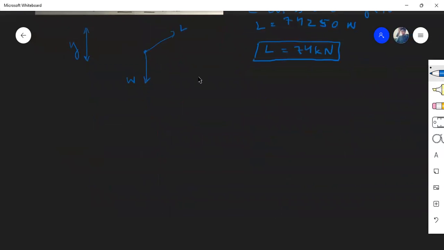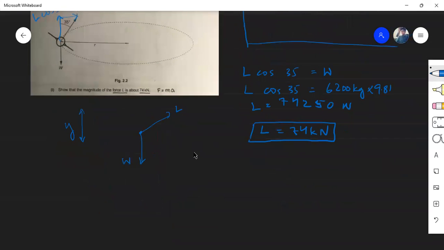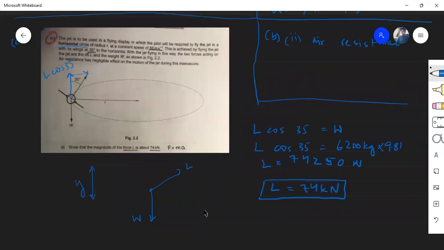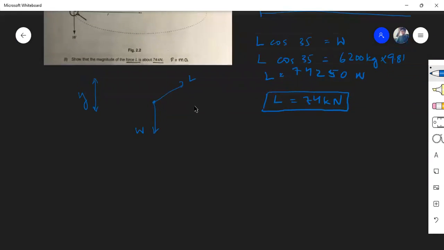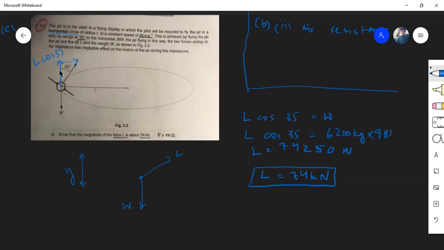So it says you have to find the radius r. Now, I think the last time we had a class, we studied circular motion, where we discussed in which direction the force is applied so the object can move in a circle.